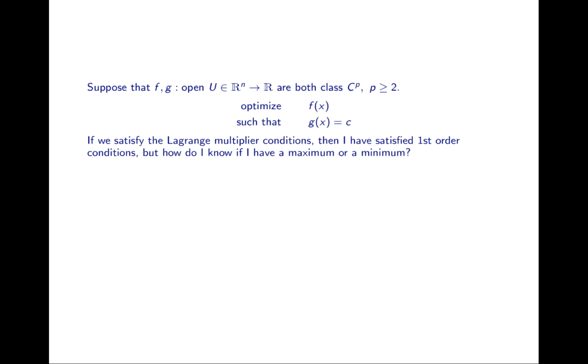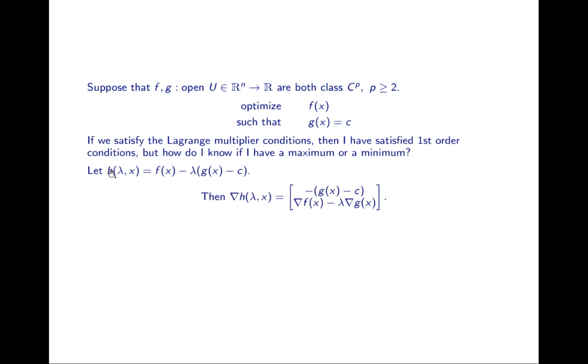But how do I know if I have a maximum or a minimum, or potentially neither, a saddle? Well, let's consider this function h of lambda, x is f of x minus lambda times g of x minus c.